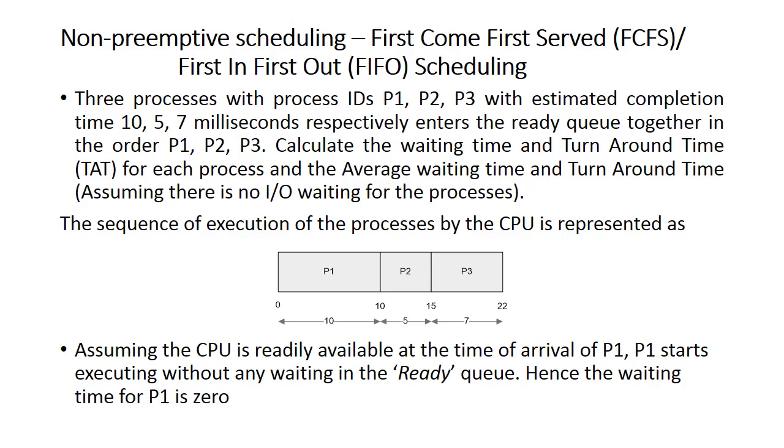That is the execution time of P1 as well as P2 together, because the process P3 has to wait till both P1 and P2 get executed by the processor. The time taken by P1 is 10 milliseconds and P2 is 5 milliseconds, so the total time of execution of P1 and P2 will be the waiting time for the P3 process.